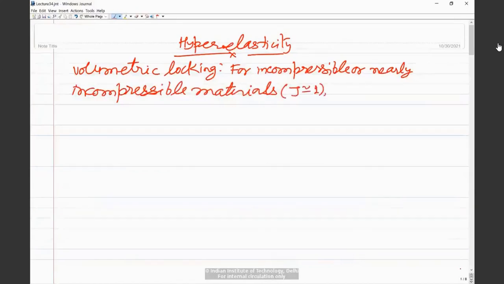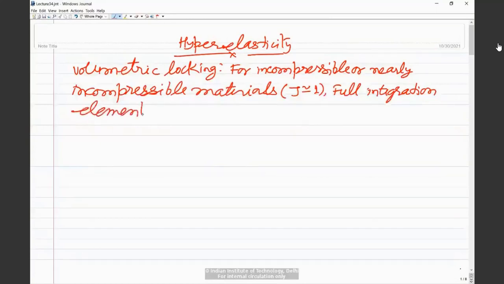Now for incompressible or nearly incompressible materials, we have full integration elements. We integrate all the stiffness terms using full integration as required based on the polynomial. Full integration elements under predict the displacement.